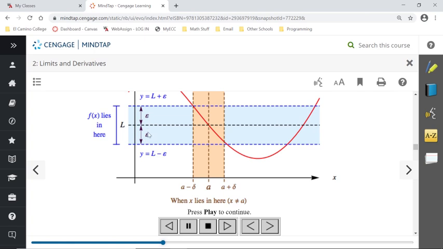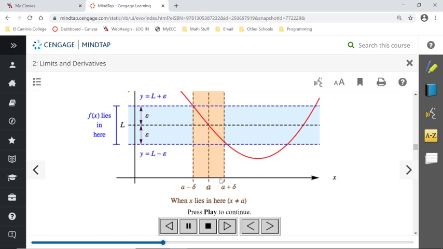So for every epsilon we're given, there will be associated with that 2 possible delta values. And of these 2 possible delta values, we're going to want to investigate which one of those 2 is the smaller of the 2, if there happen to be 2 different ones. In some examples, that'll be the same delta on both sides, but in some examples, they'll be different. And if they're different, we want to choose the smaller of the 2.